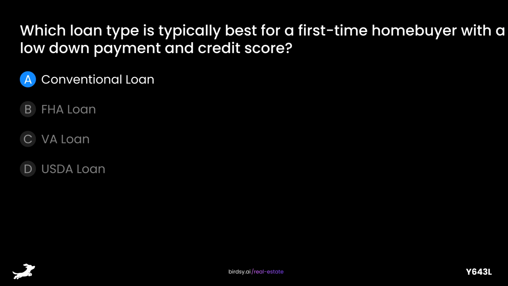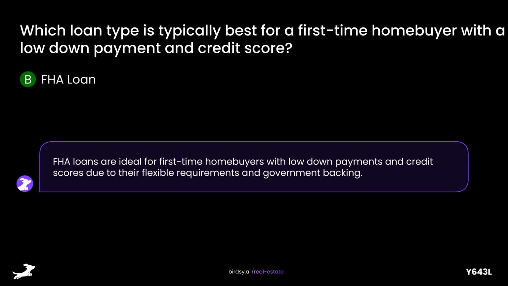Is it A, conventional loan, B, Federal Housing Administration, FHA loan, C, U.S. Department of Veterans Affairs, VA loan, or D, U.S. Department of Agriculture, USDA loan? The answer is B, Federal Housing Administration, FHA loan. FHA loans are ideal for first-time homebuyers with low down payments and credit scores due to their flexible requirements and government backing.